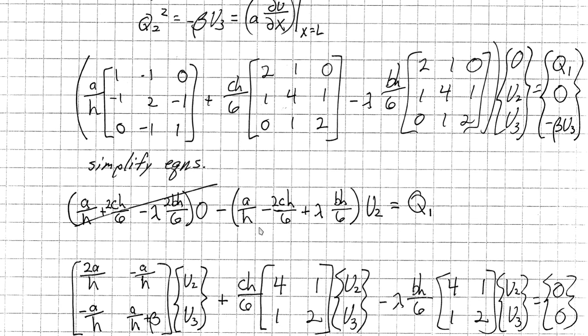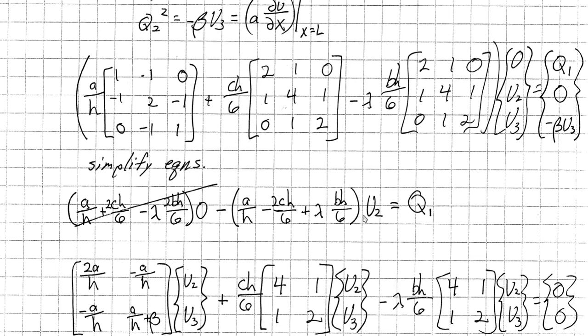So if you take the first equation, if we expand this out, the first term is 0, we have a u2 term from here. Notice this is 0. So the first equation is totally decoupled from u3.